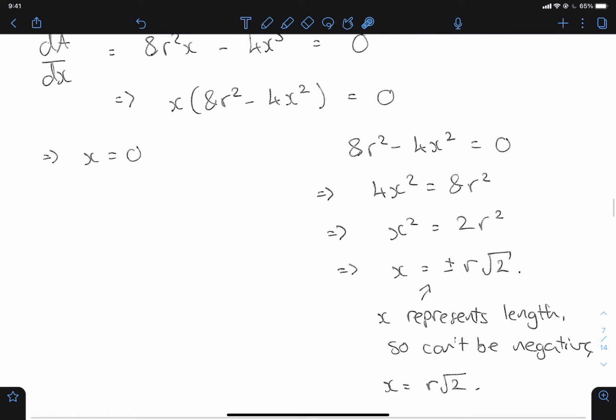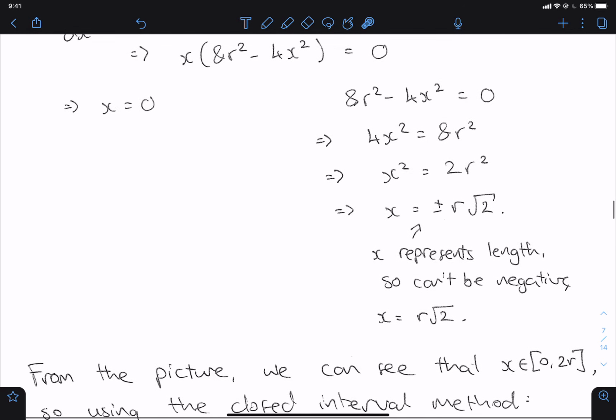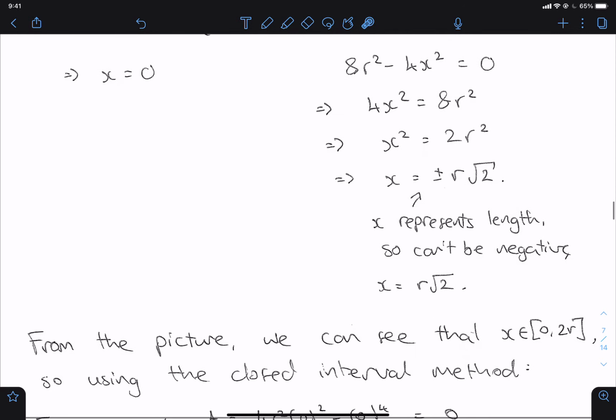And then we take the square root, so that x is equal to plus or minus r times square root of 2. And for the same reason, we will drop the negative solution, because in reality the length cannot be negative. So we only consider this positive solution, x equal to r times square root of 2. Right? So this is our critical number.